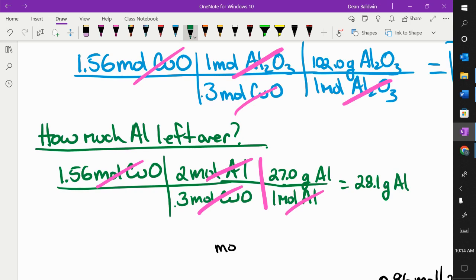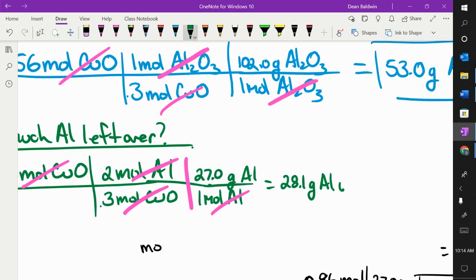What does this number represent? This is the amount of aluminum used up, right? Because it's the amount that reacted with the 1.56 moles of copper oxide, right? So this is the amount of aluminum used. Okay?